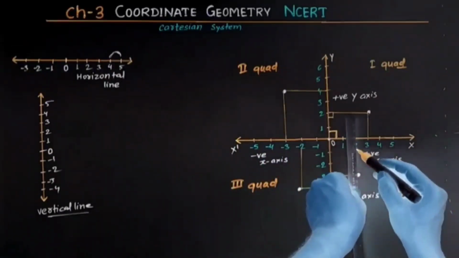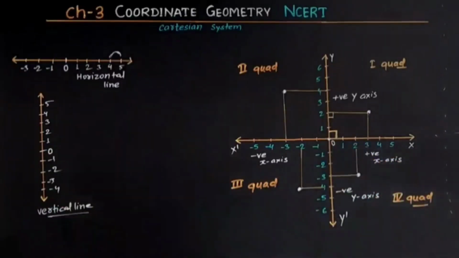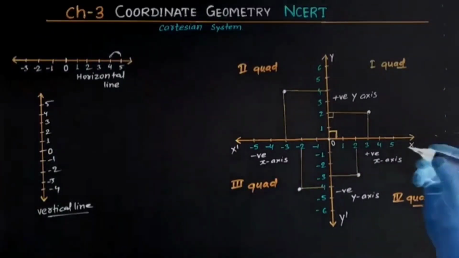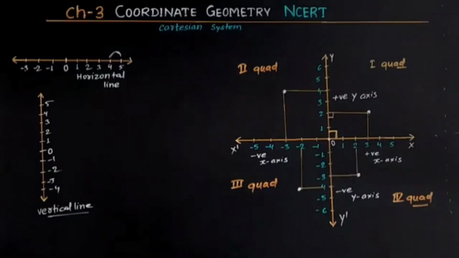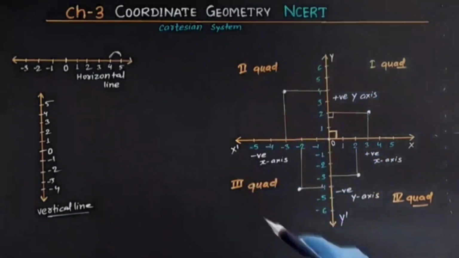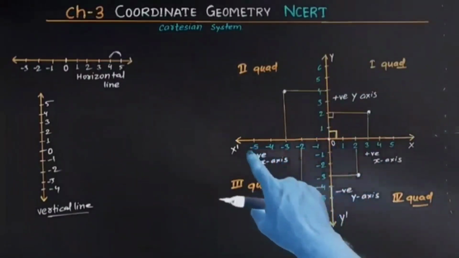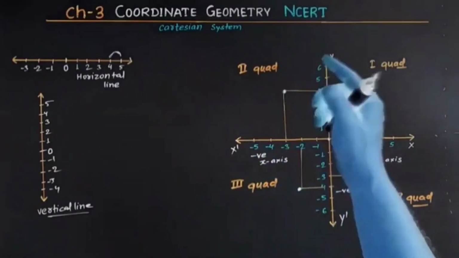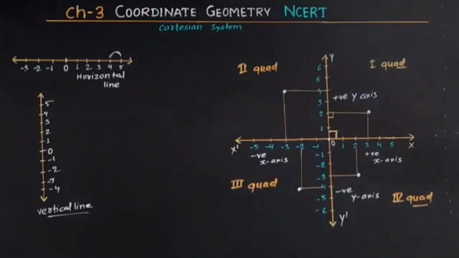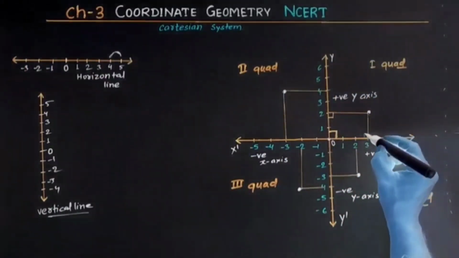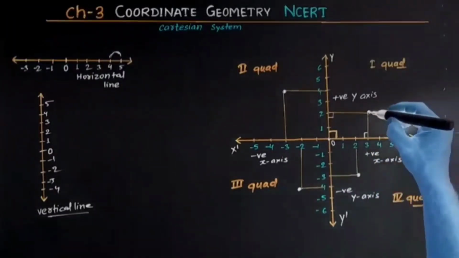Similarly, draw a perpendicular from a point in the fourth quadrant to the y-axis as well as to the x-axis. So this is the procedure to identify the coordinates of different points in different quadrants of a Cartesian plane. You have to draw a perpendicular to both axes, the x-axis as well as the y-axis.